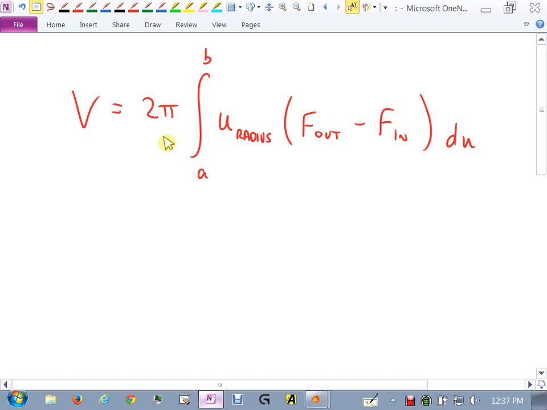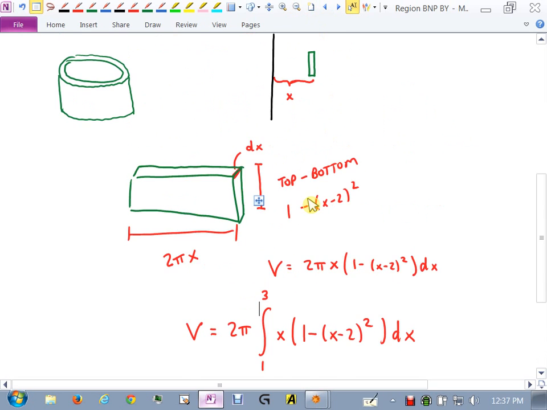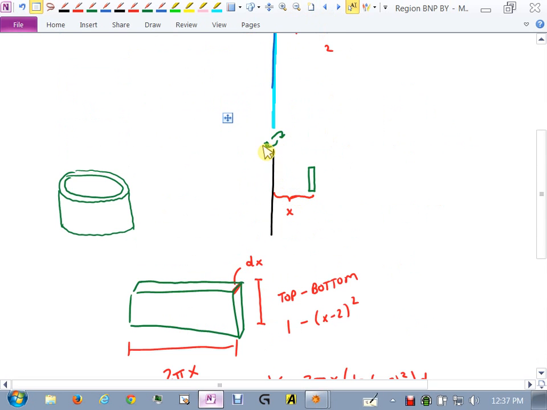2 pi is always going to be on the outside. This u radius is going to correspond to the distance from the axis of rotation to your rectangle. In this case, it's x, but that's only because this was the y-axis. What if instead of rotating around the y-axis, I had rotated around this line over here?